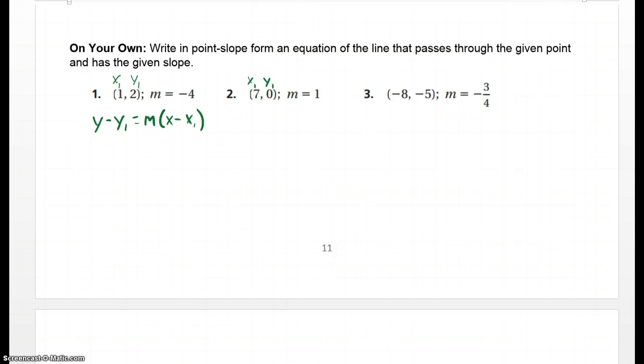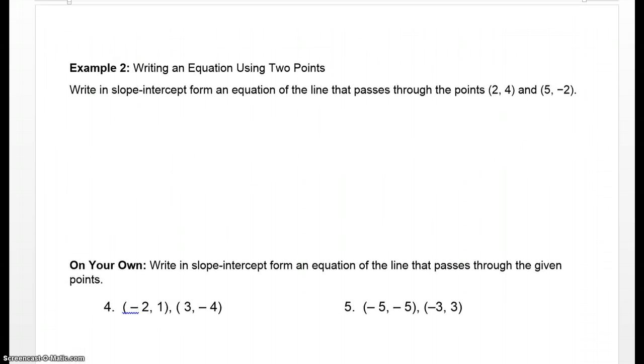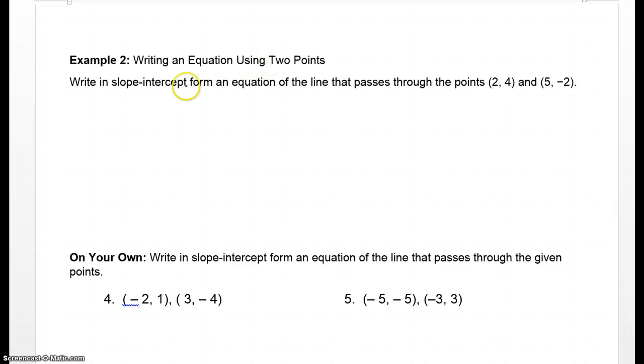On the next page, we're going to do this one other way, and this shouldn't be too much more difficult for you. We're going to write an equation in point-slope form using 2 points. So we have a point, and we can use one of these as our x1, y1, but we have to find a slope. If we had a graph, we could count. We don't. So we're going to use the formula that we've used many times before.